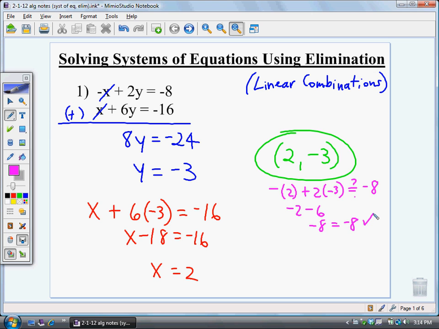Into the second equation, you're going to get 2 plus 6 times negative 3, and the question is, does that equal negative 16? Well, this becomes 2 minus 18, negative 16 equals negative 16, and that checks. So the solution 2, negative 3 works in both equations, therefore it's the correct answer.